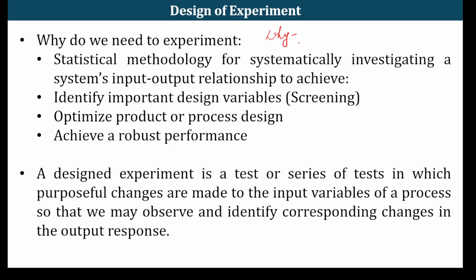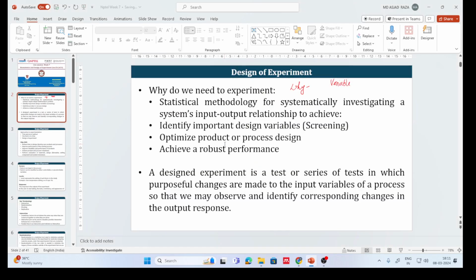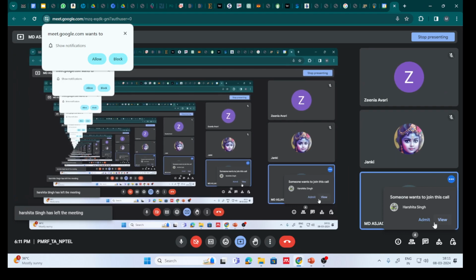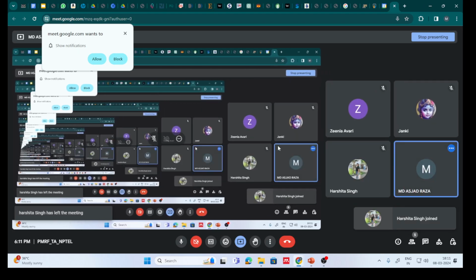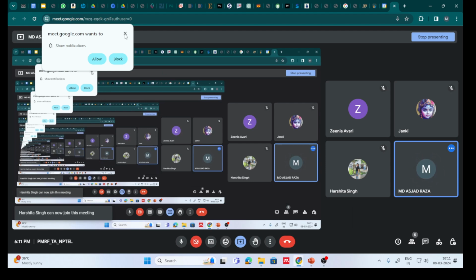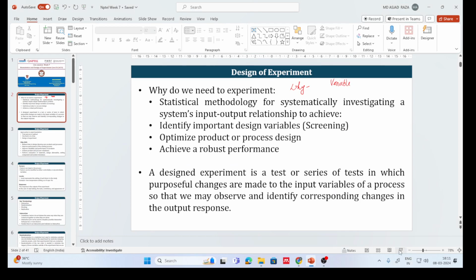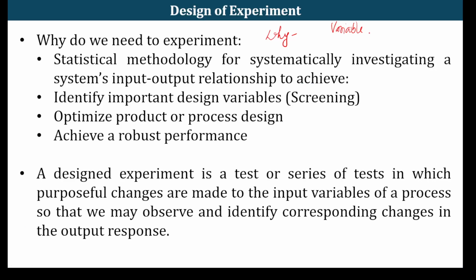When we are doing the experiment, we are investigating the input and output relationship. We'll have a set of variables that we are going to change.